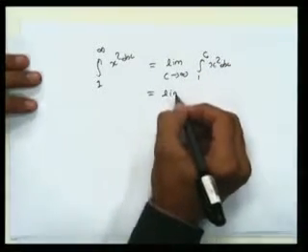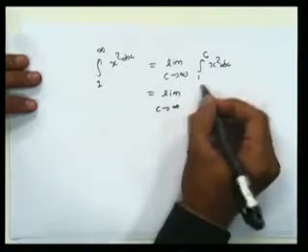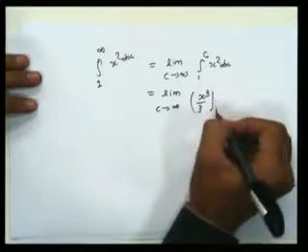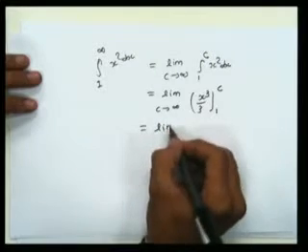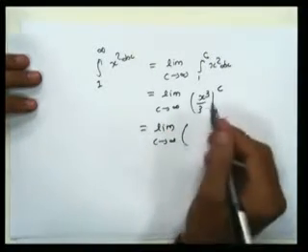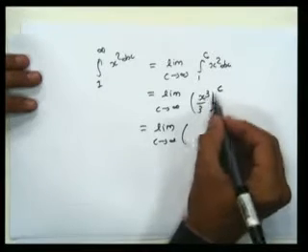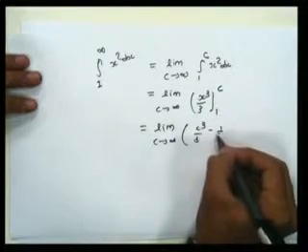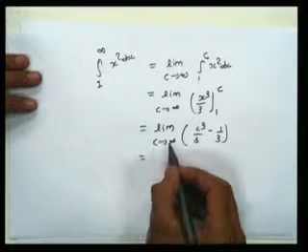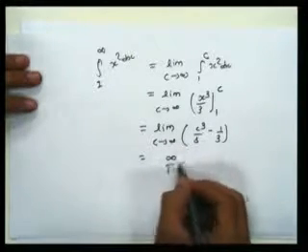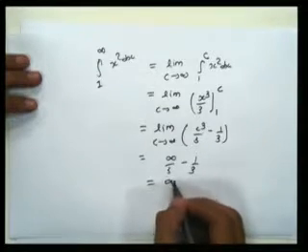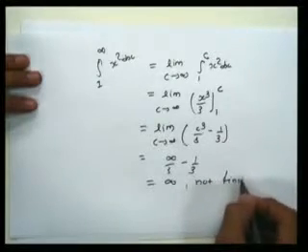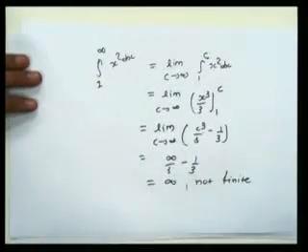This is the same as limit c tends to infinity of x raised to 3 by 3, with lower limit 1 and upper limit c. Applying c to this term, we have c cube by 3 minus 1 by 3. Now putting c equal to infinity, we have infinity by 3 minus 1 by 3, which is infinite, not a finite value. Thus this integral is known as a divergent integral.